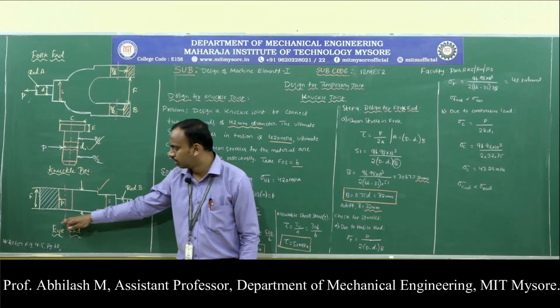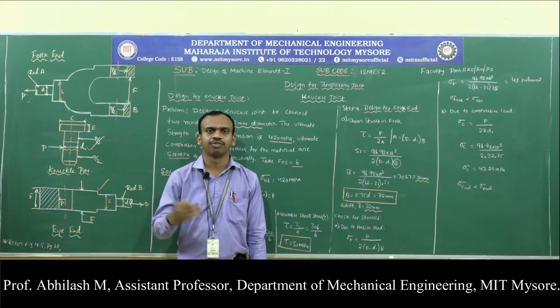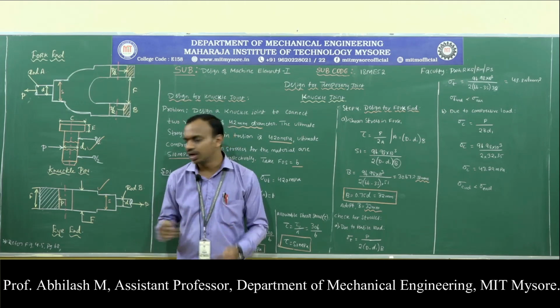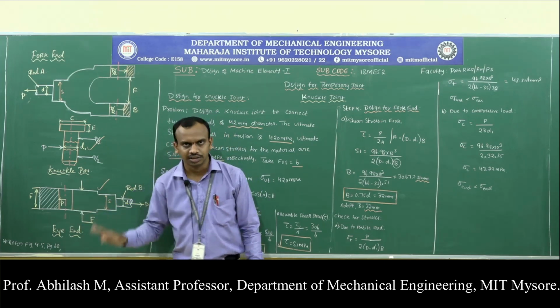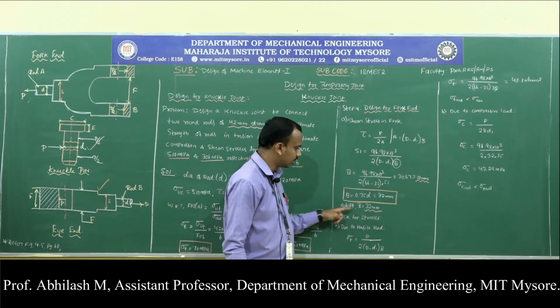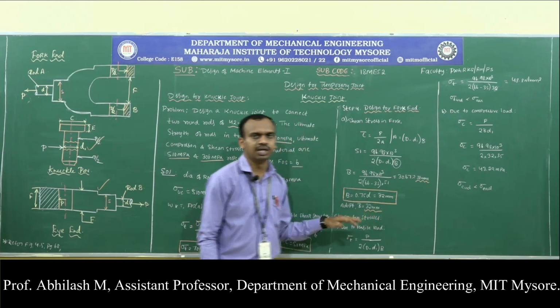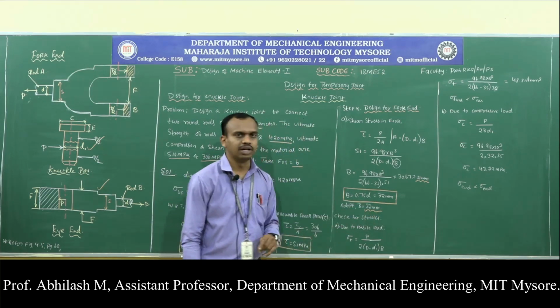Here for F also, we first calculated the value, and then with the help of the table, that is 1.5 times D, we checked the value and we adopted the major thickness. Similarly, here also we calculated the value, and by referring to the table, we know the standard relation and we adopted B to be 32 millimeter.